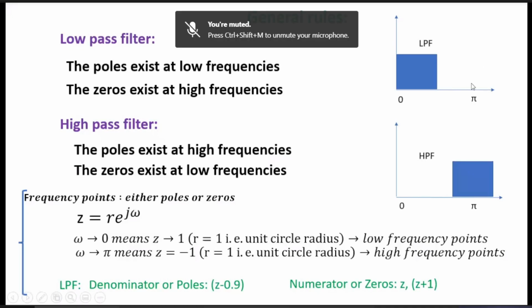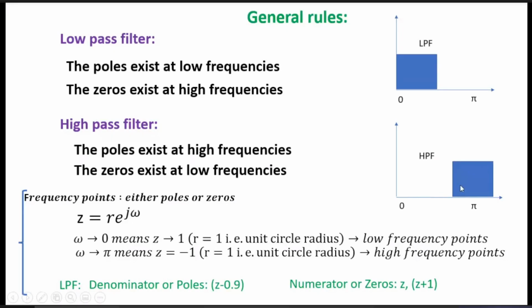Similarly, for a high pass filter, you see the characteristic: near the pi region the gain is high. So poles should be placed, poles should exist at high frequencies.